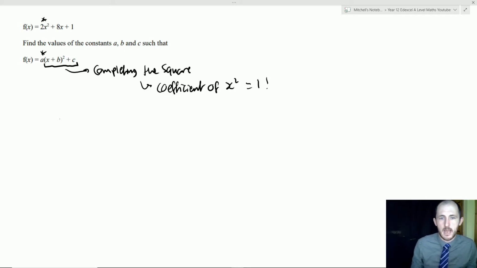So now, how can I make the coefficient equal 1? Well, if there's a 2 in front of it, I can divide by 2. Now, because this doesn't equal anything, I can't really divide it by 2 that easily, but I can factorize 2 out.